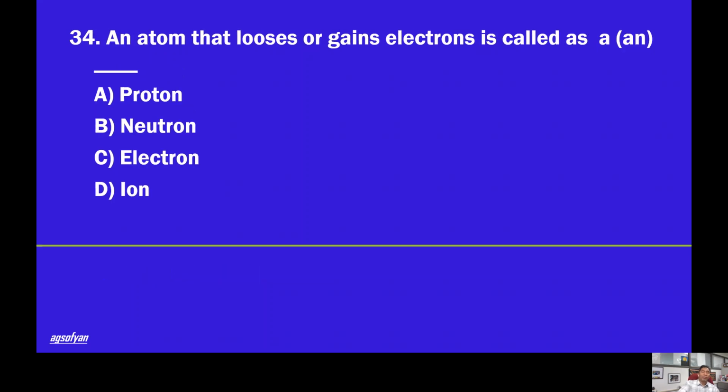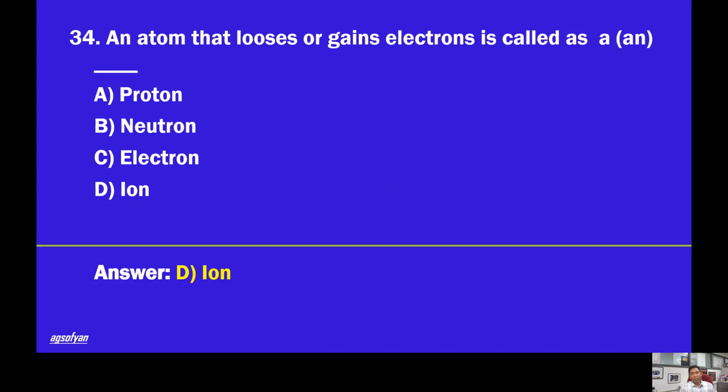Number 34. An atom that loses or gains electrons is called an A proton, B neutron, C electrons, D ions. Choose your answer. Yes, the answer will be ion.